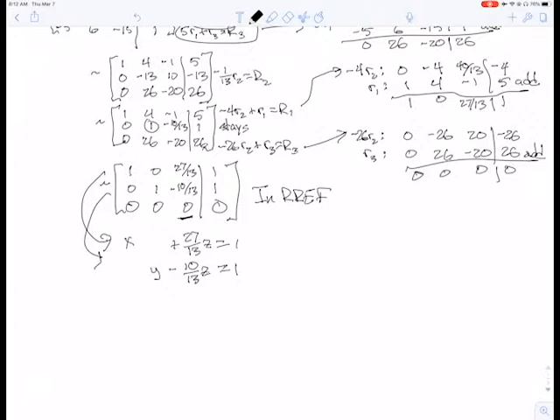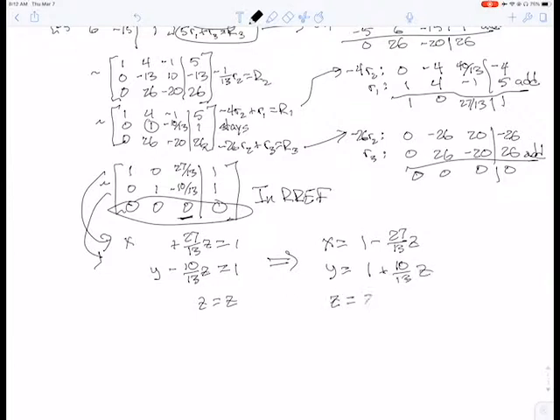And I don't have anything from the third equation, so I'm just going to write the fact that z equals z from that third equation. When I solve for x in equation 1, I'm going to have x equals 1 minus 27/13 z. I will have y equals 1 plus 10/13 z, and I have z equals z.